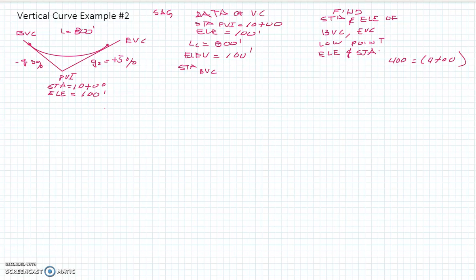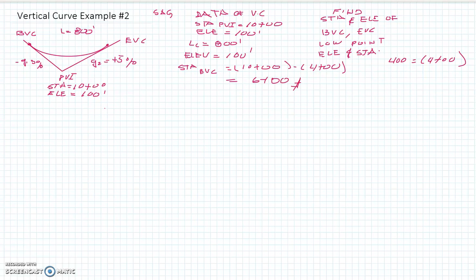In order to find the station of the beginning of my curve, I subtract 4 plus 00 from 10 plus 00, which is the station of the PVI, and this gives me 6 plus 00.